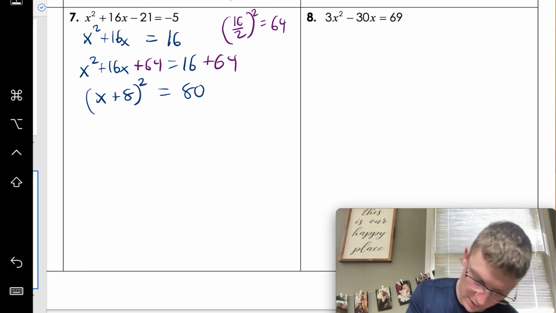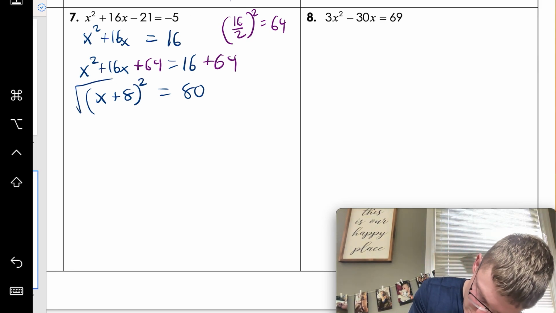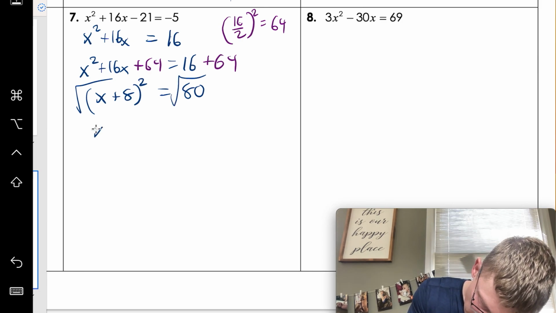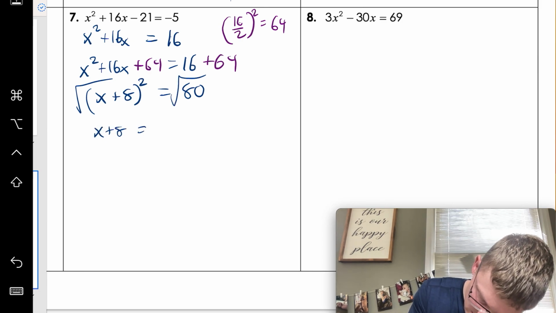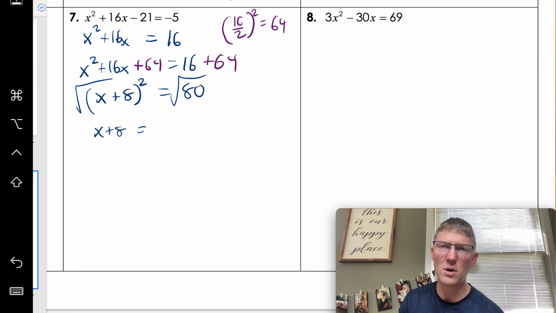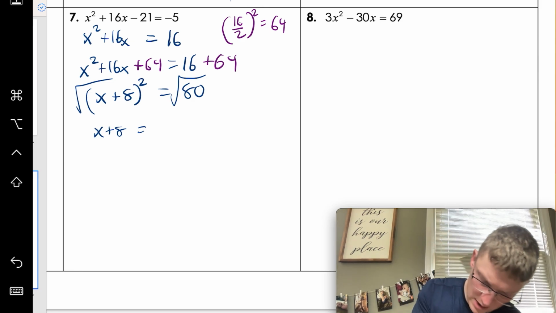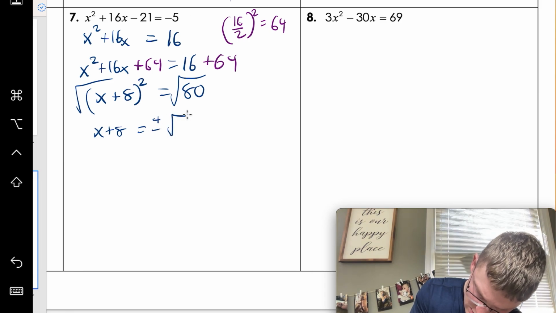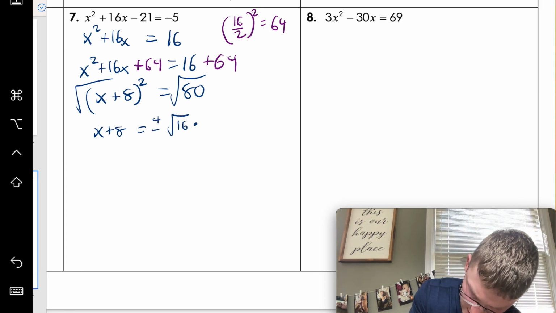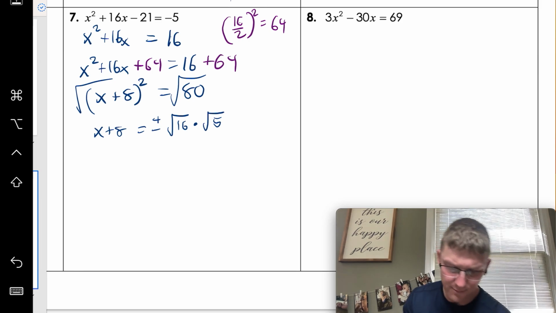So now we're going to take the square root of both sides. So we've got x plus 8 equals square root of 80, which is not an easy thing to do. But we can do square root of 16 times square root of 5.